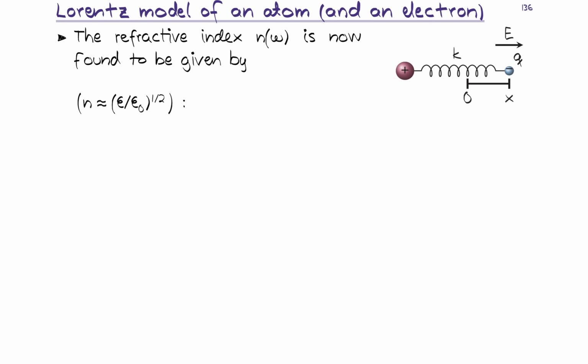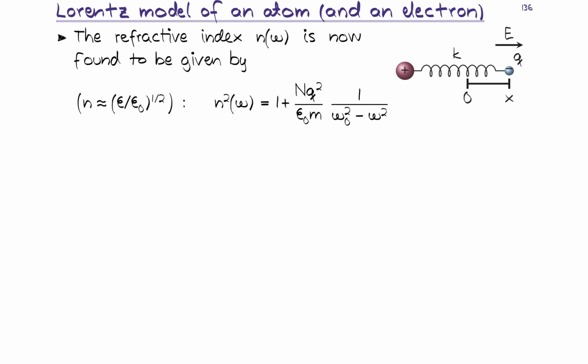And here we can now write that n squared is 1 plus n times q squared divided by the vacuum permittivity epsilon naught times the mass of the electron times 1 over the resonance frequency of the system omega naught squared minus omega squared, and omega here is the driving field frequency.